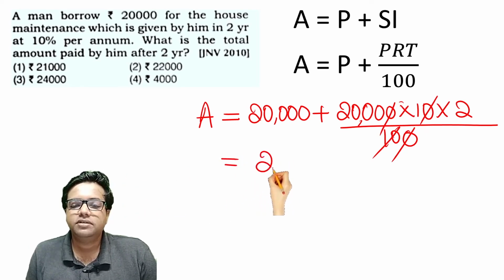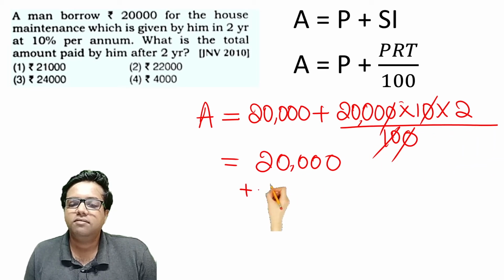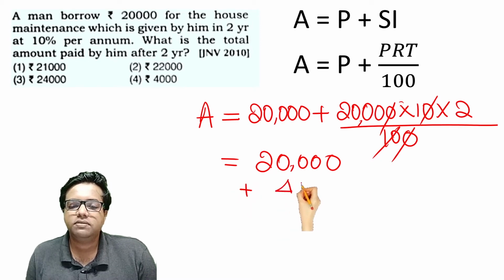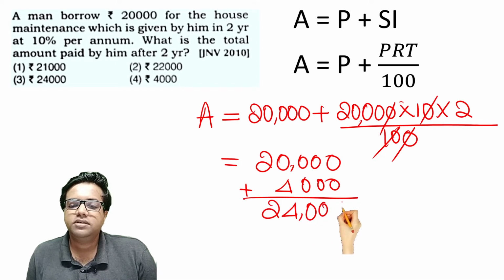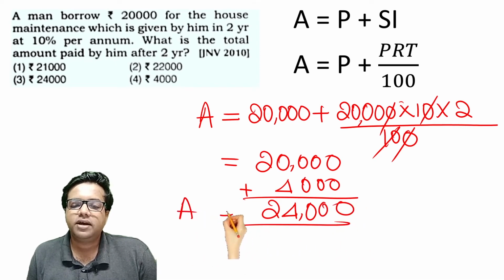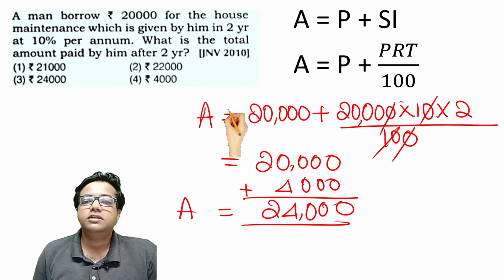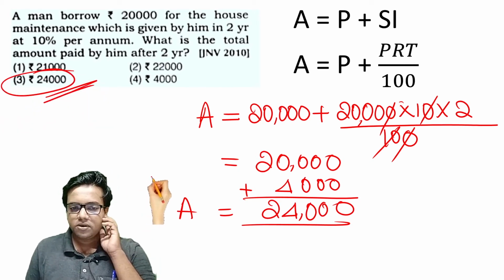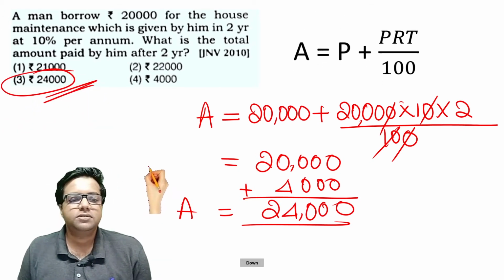So now we are left with 20,000 plus 2 into 2000, which will give you 4,000. Therefore he will have to pay back 24,000 rupees. The final amount after 2 years will be 24,000 rupees. Option 3 is the right answer for this question.